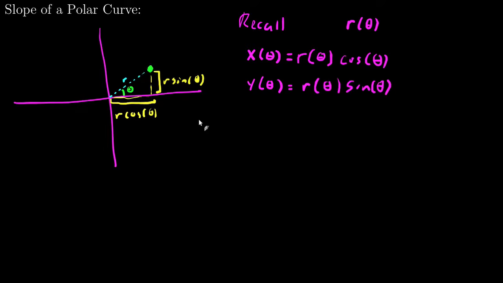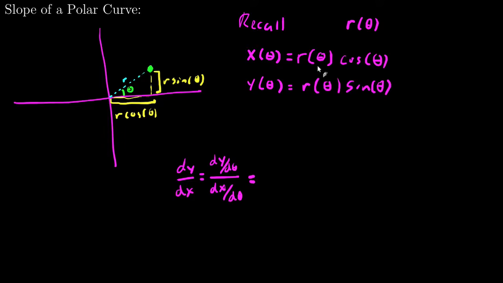Now, in order to get the derivative, you can either memorize the following rule, or what I tend to do is just take the derivative of y and the derivative of x. So dy d theta divided by dx d theta, for the same exact reason as we had for parametric equations in the previous videos.